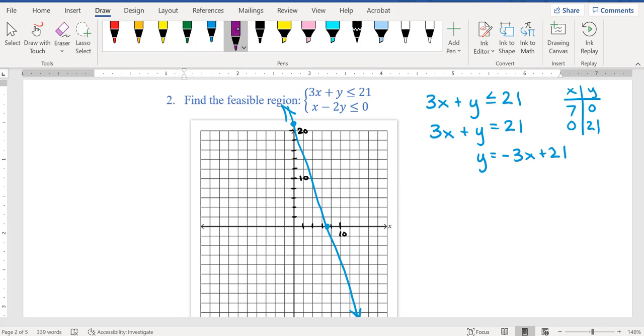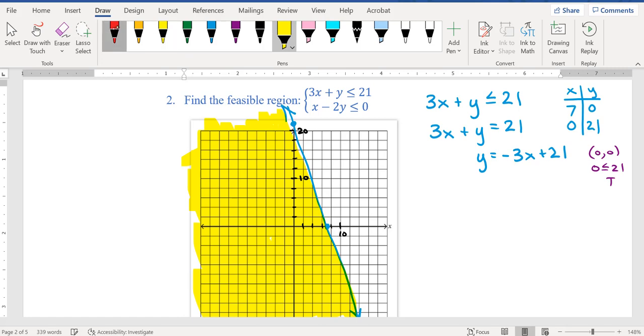Now let's do a test point. If I do 0, 0, is 0 less than or equal to 21? Yes. So I want to shade this part. That's the first inequality.